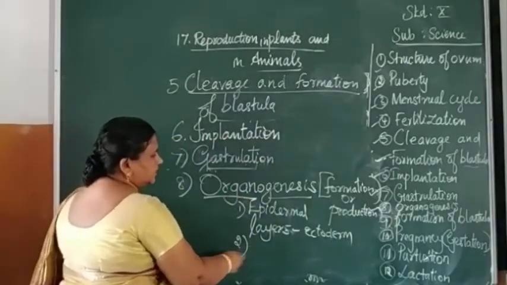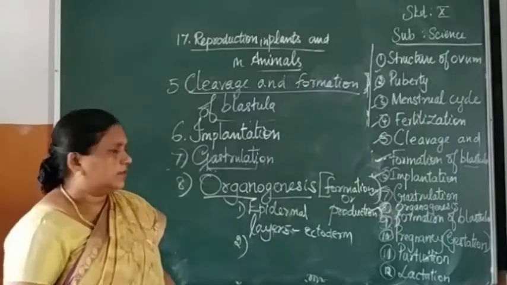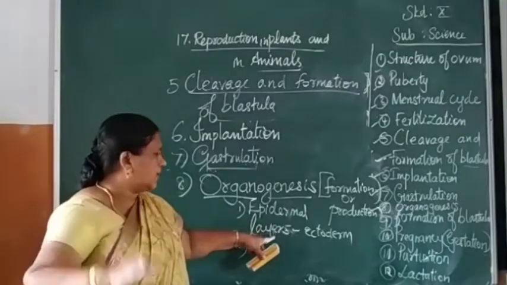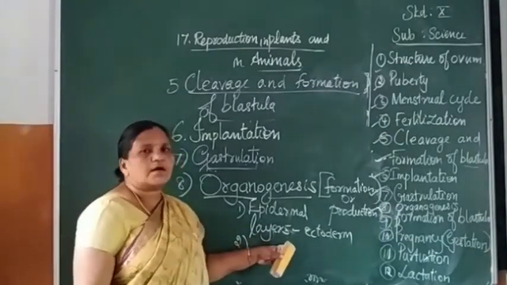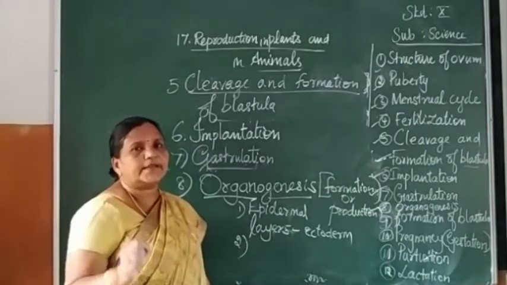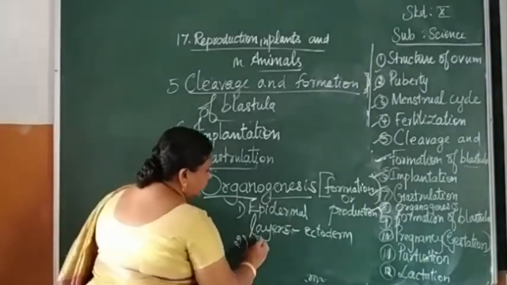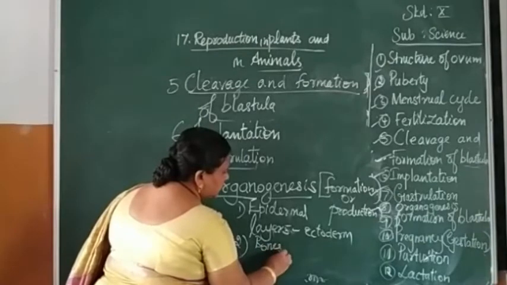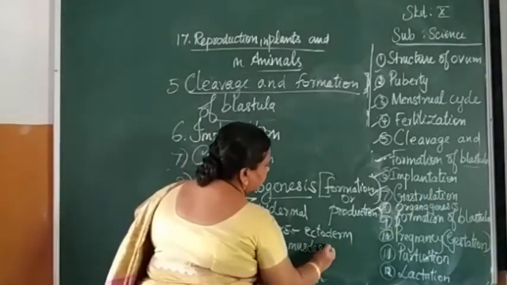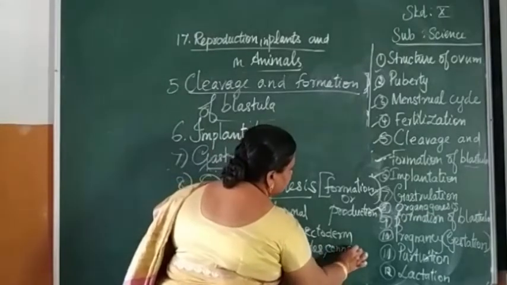Then second part is mesoderm. Ectoderm, outer covering; mesoderm, middle layer. From the middle layer, the organs formed are bones, connective tissues, muscles, and urinogenital system. So you can write bones, muscles, and connective tissues.